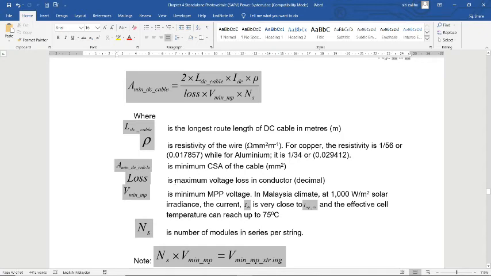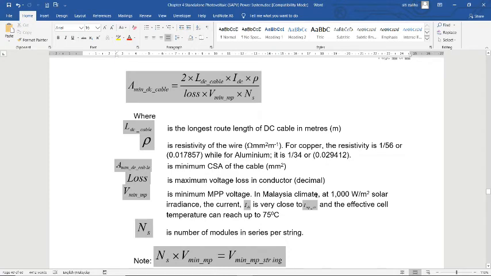So loss is the maximum voltage loss in the conductor, usually 3%. Loss will be the voltage drop. So for 3% losses, it becomes 0.97. V min MP is the minimum maximum power point voltage.